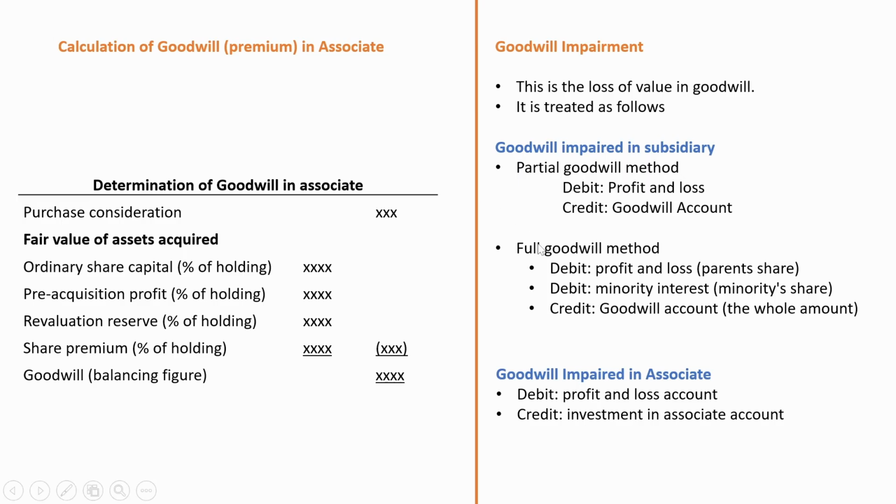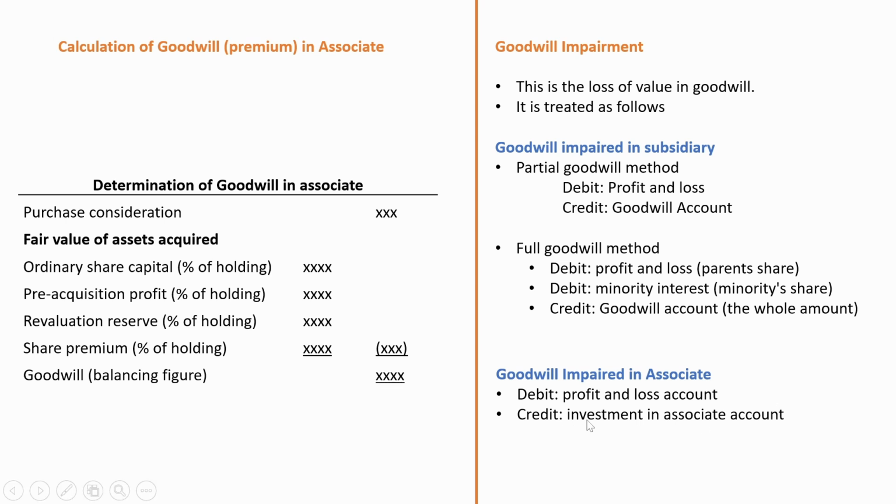And then when you go to the associate, goodwill impaired in associate will be recorded as shown here. Debit profit and loss account, credit investment in associate account. So we don't show goodwill in associate in a separate line by itself, the way we do with the goodwill for subsidiary.